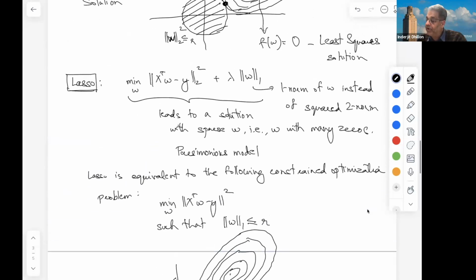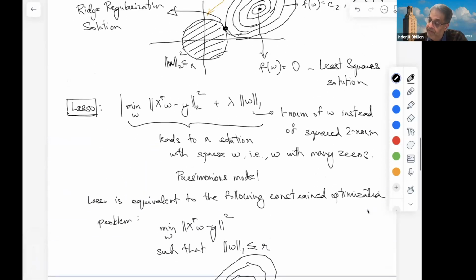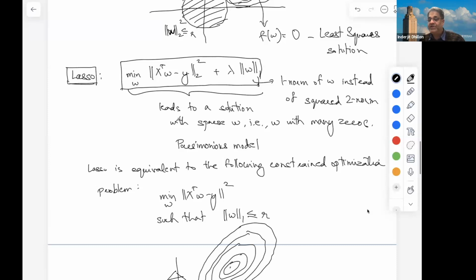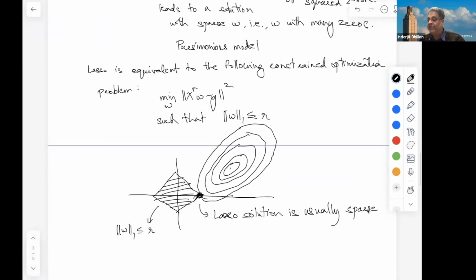And remember, there is the regularization coefficient: as you increase lambda, that means you are decreasing R, and you will get sparse solutions. Any questions about that?